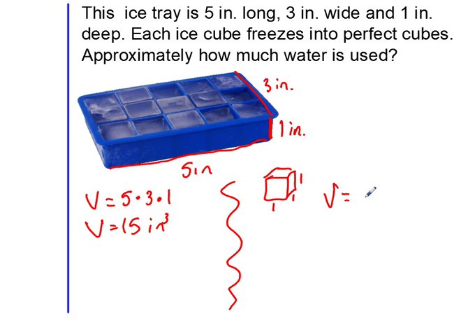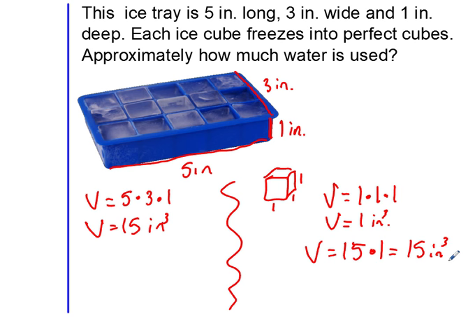The volume of this ice cube is 1 times 1 times 1, which is equal to just 1 inch cubed. But then we would take that 1 inch cube and multiply by how many there are. There are a total of 15 cubes. So the total volume would be 15 times 1, which still gives you the same answer, 15 inches cubed.